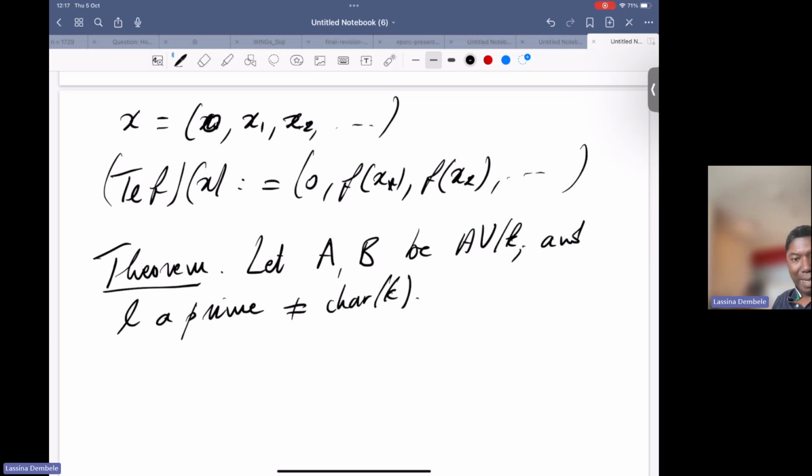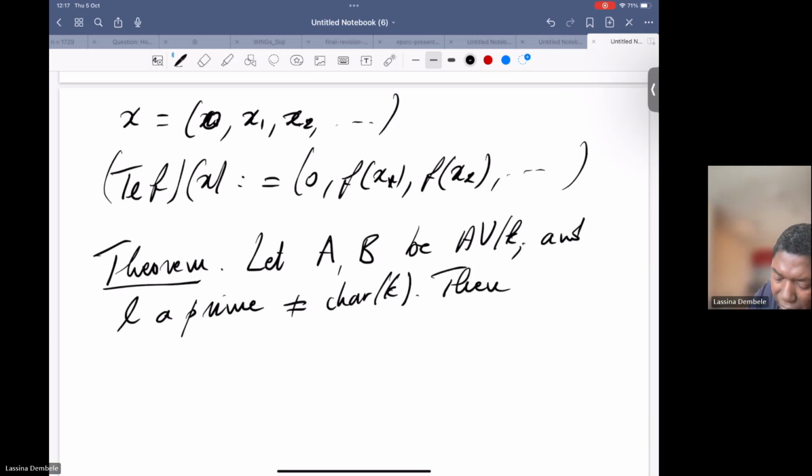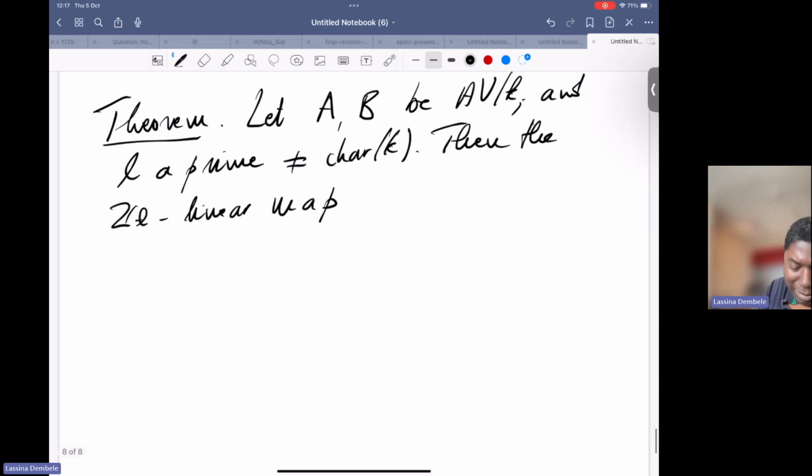Then the following ZL linear map is injective.